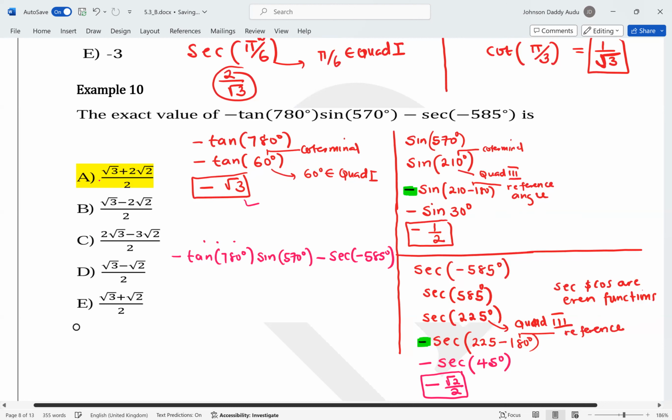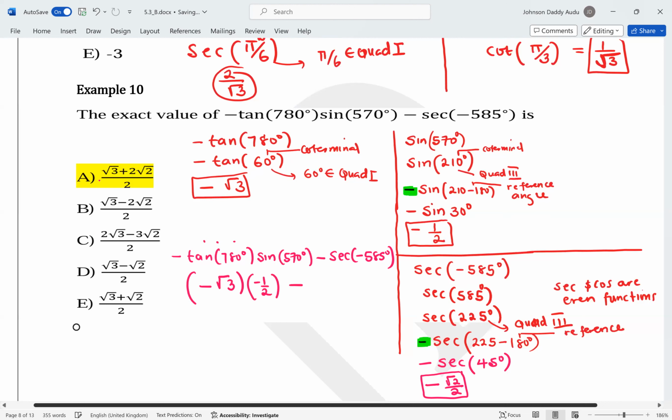Because we took everything with the minus, this is minus root 3 multiplying by sine of this, which is minus 1 over 2. Then minus is coming.